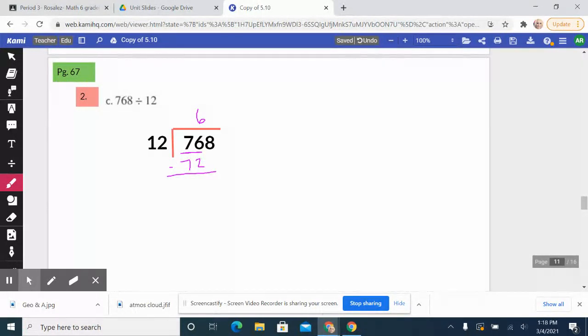When you subtract, you get 4. Well, 12 doesn't go into 4, but it does go into 48. How many times? The answer is 4. 4 times 12 is 48. Subtract and get 0. So your answer should be 64. So please make sure that you wrote that down.